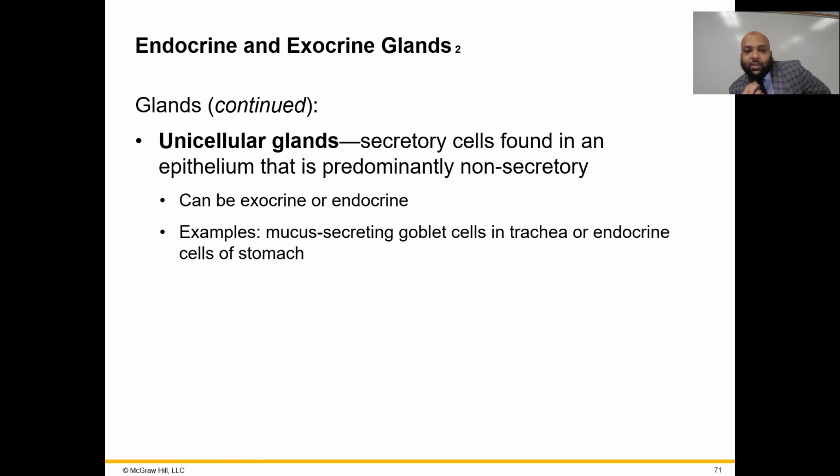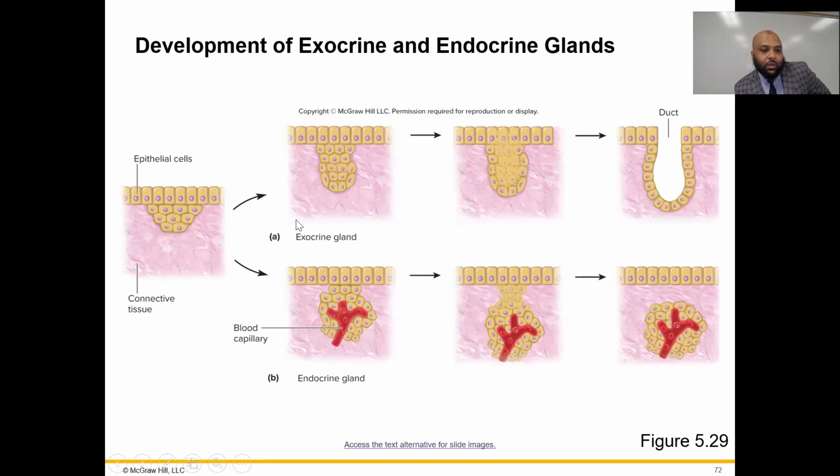There are unicellular glands, secretory cells found in an epithelium that is predominantly non-secretory. They can be exocrine or endocrine. Examples are the mucus-secreting goblet cells in the trachea or the endocrine cells of the stomach. So these are the epithelial cells, and that's the connective tissue.